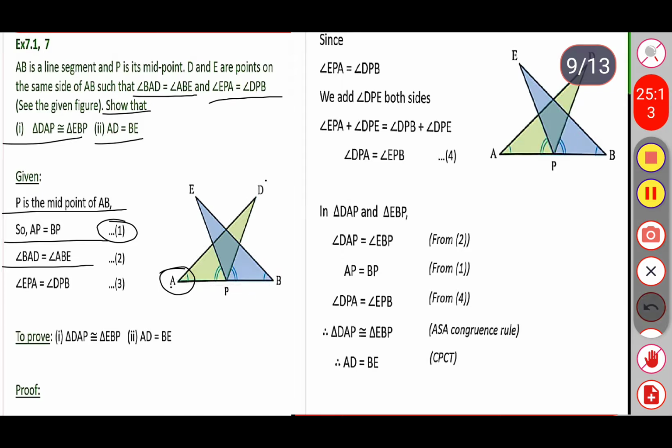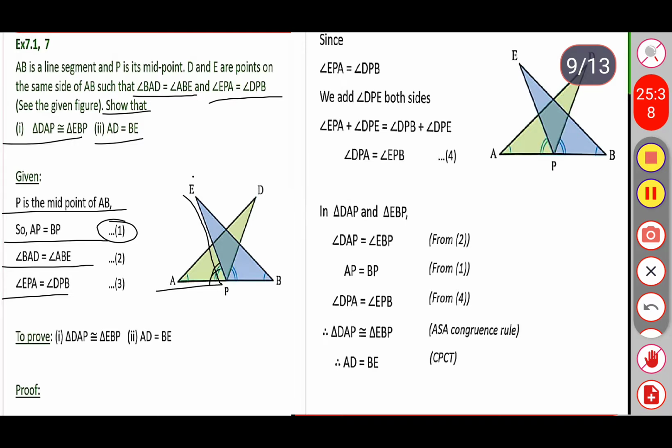Next, third one. Angle EPA is equal to angle DPB. Angle EPA, this angle, is equal to angle DPB, this angle.